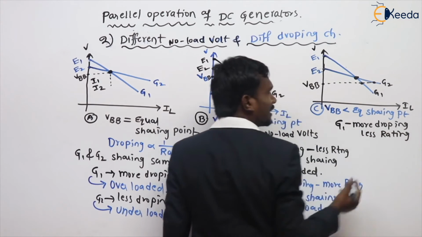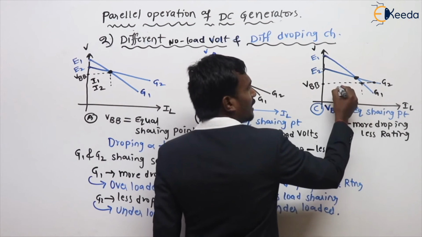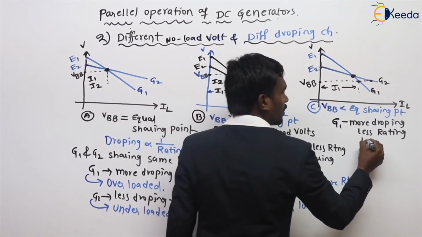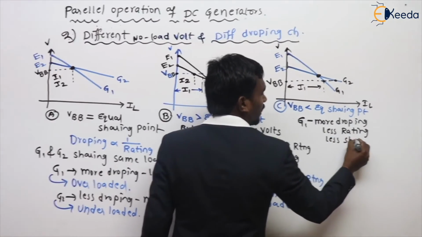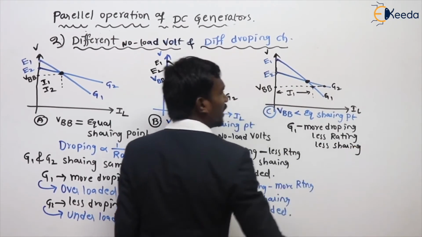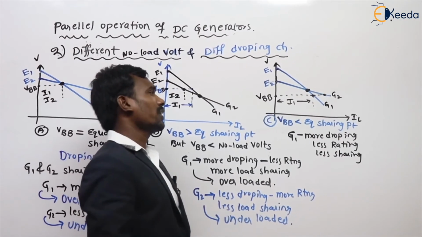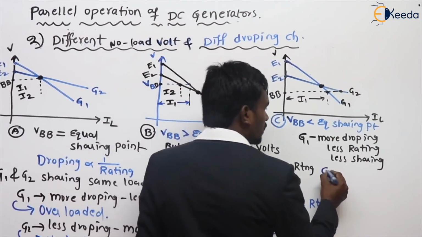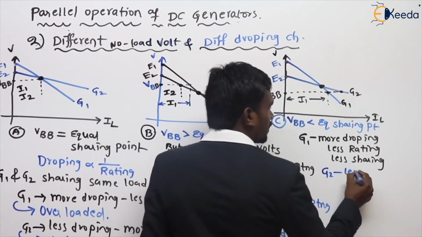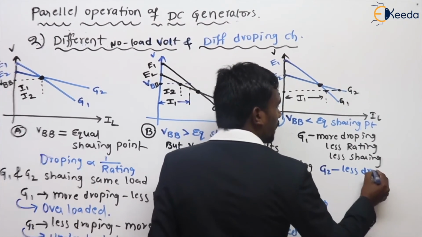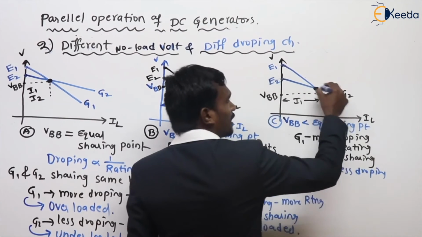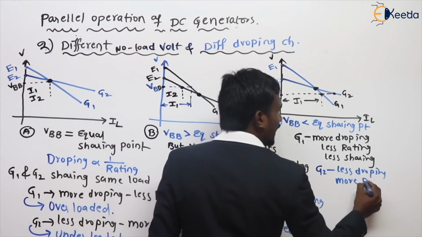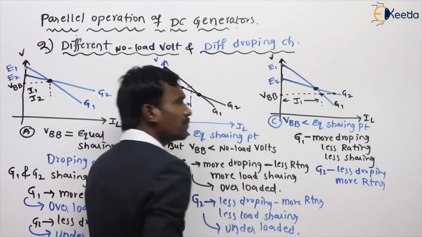Of course, less rating, and the current sharing is also less. Less load sharing, no problem with generator 1. And what about the next? Generator 2 is less drooping, which is less drooping, more rating machine.